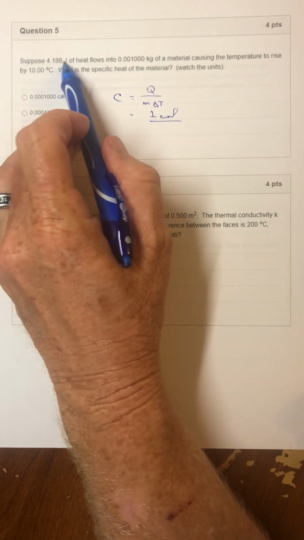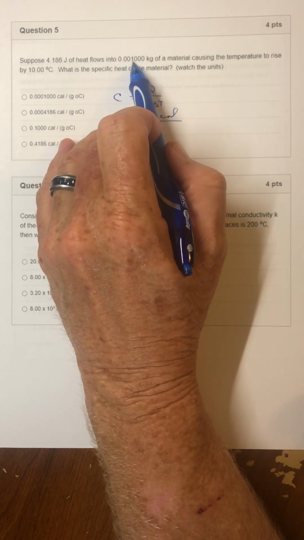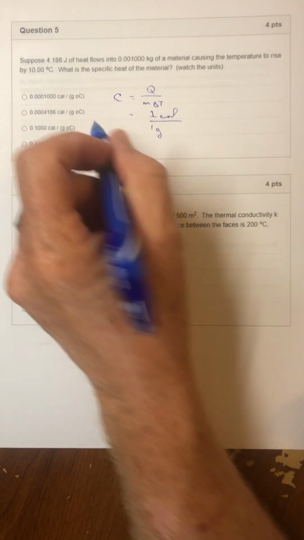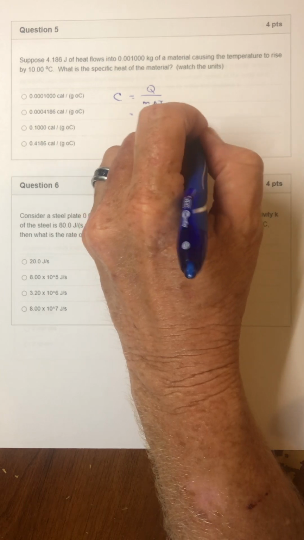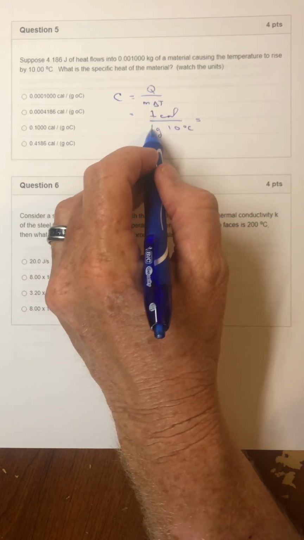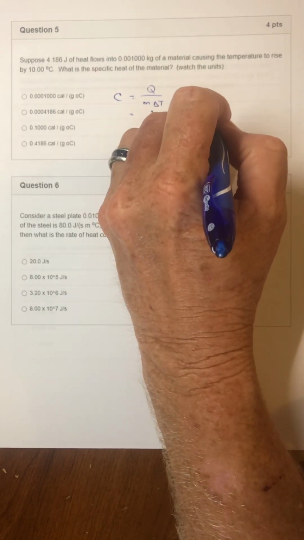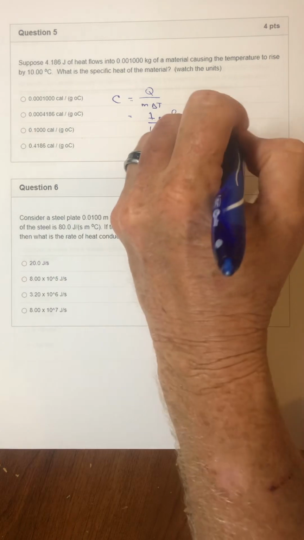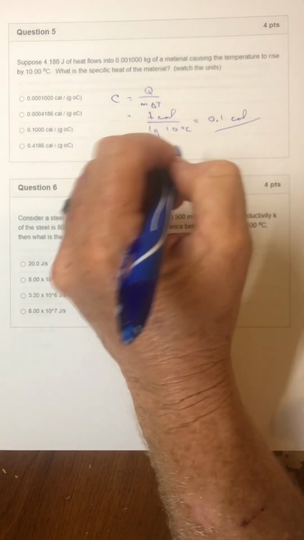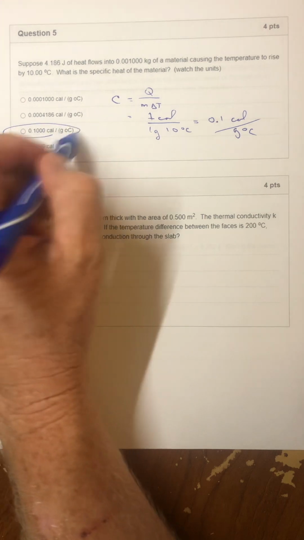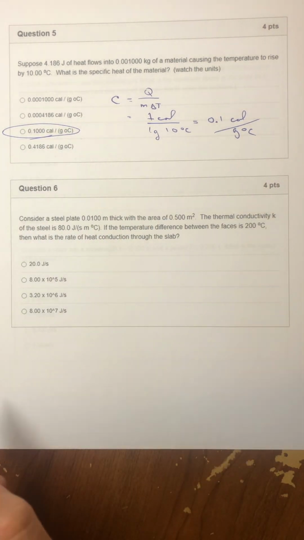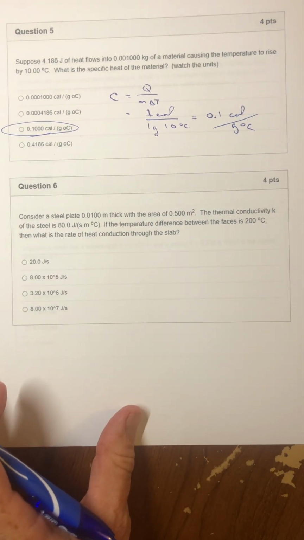So mathematically, this is pretty easy, because this is exactly 1 gram also. And then it's just 10 degrees Celsius. And so 1 divided by 1 divided by 10 is just a 0.1. And so it'd be 0.1 calories per gram per each degree, which I guess would make it a C there for number 5.